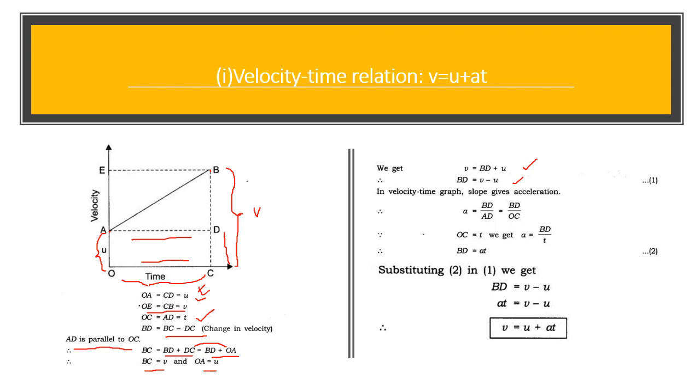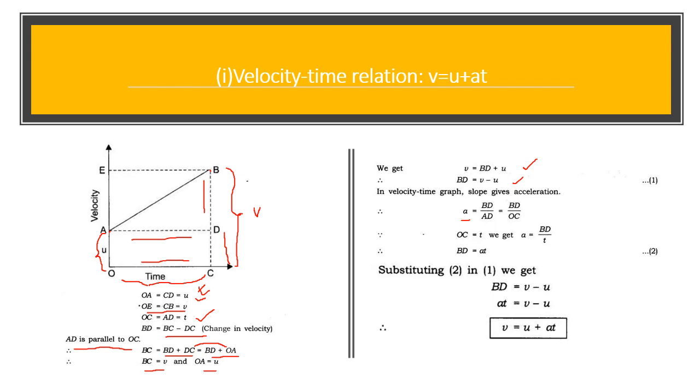And now in velocity time graph, slope gives acceleration. A equal to, what is A? BD divided by AD. This is called a slope. BD divided by AD.